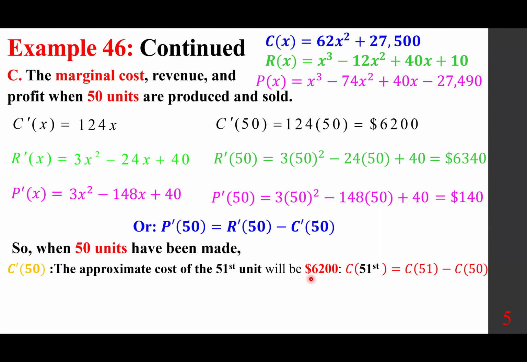If I want to calculate the cost for the next unit precisely, C of 51 minus C of 50. In other words, the cost function, plug in 51 minus plug in 50, and the answer it gives you is extremely close to this number.